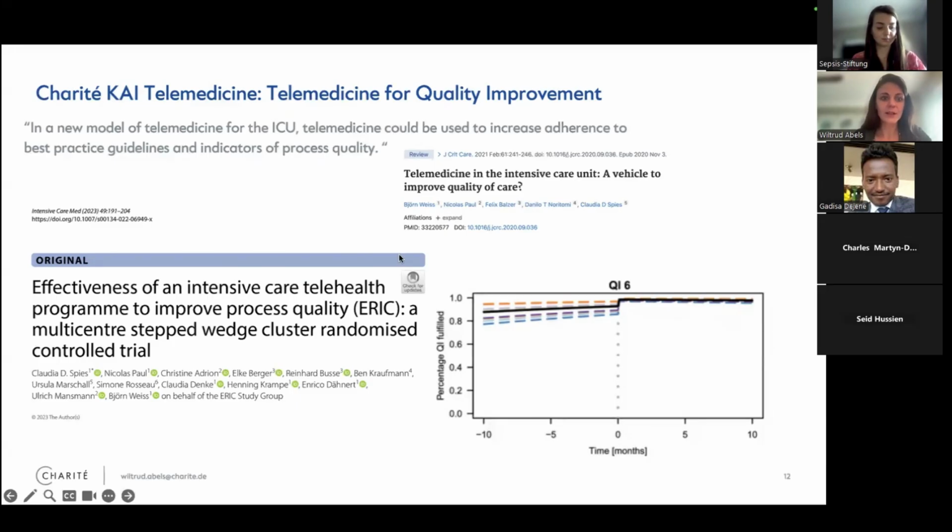I've brought a study that was conducted, I think, before the pandemic, even in 2018, from our telemedical ICU in Germany.